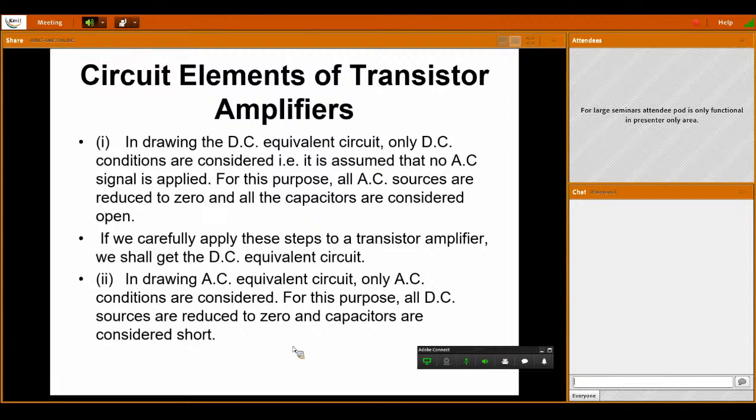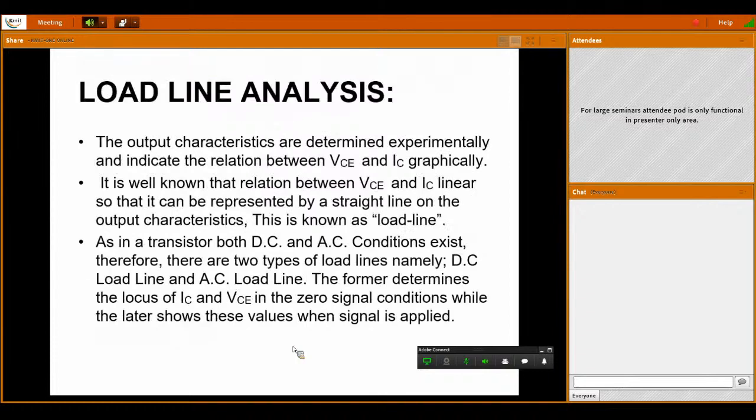So it means the DC signal source must be grounded, as well as your capacitors are considered to be shorted. Since we are doing your AC analysis, for the applied input frequencies, the reactance offered by those coupling capacitors and emitter bypass capacitors is very less, and those are treated as a short circuit like this. So we will perform your AC and DC analysis. Now the load line analysis.